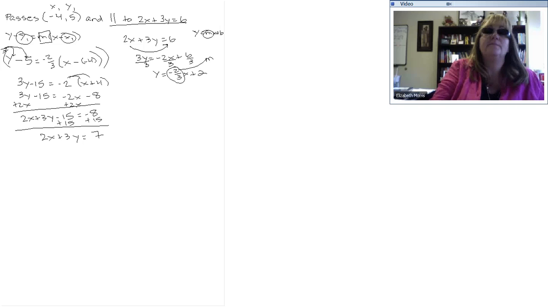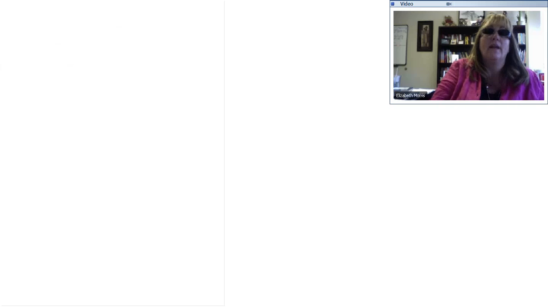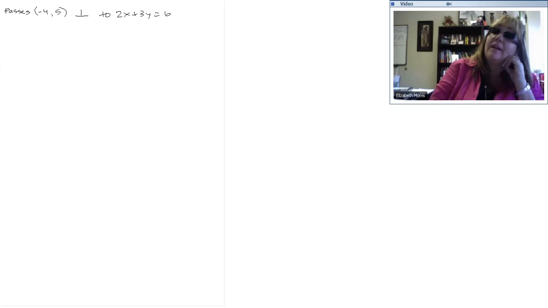Okay. What if this were the scenario? Last one. Maybe you can guess. What if I said it passes through (-4, 5) and is perpendicular, that's the sign for perpendicular, to 2x + 3y = 6? Okay.